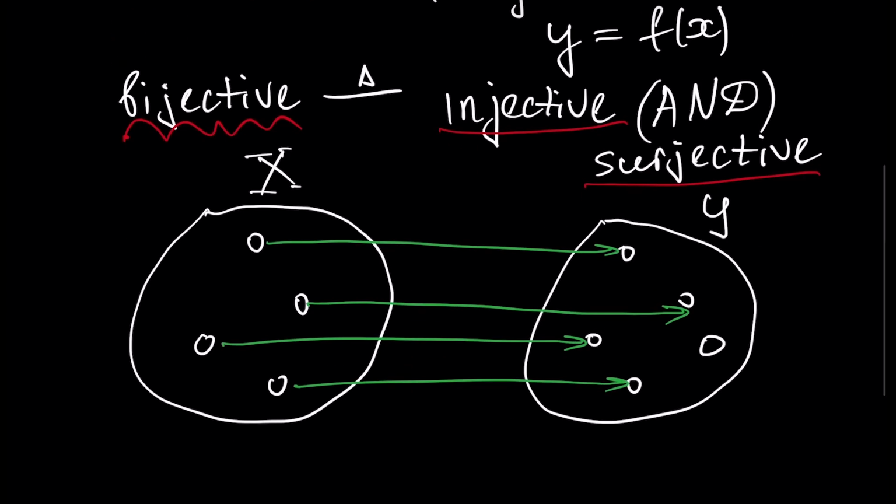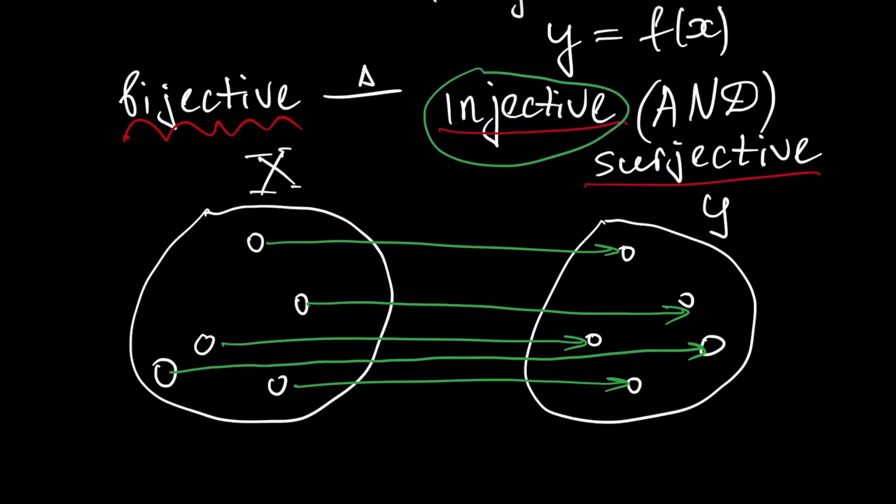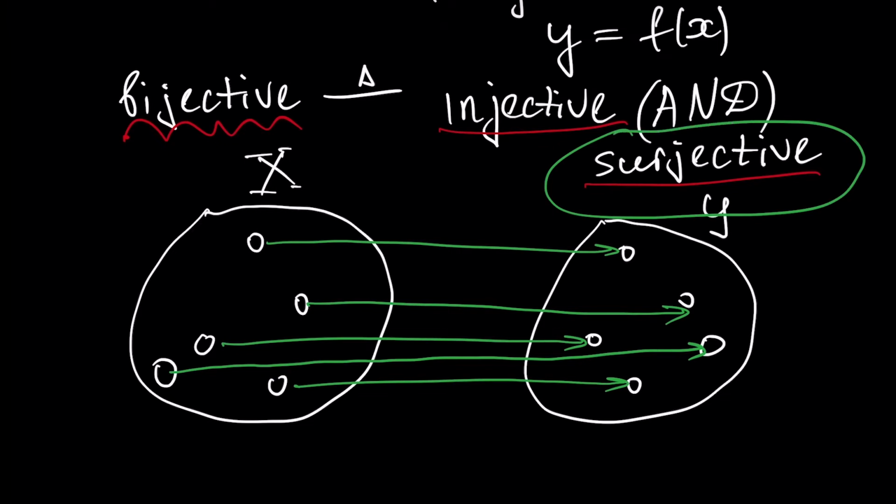That's why this situation is impossible, and we have to have some element here such that this element of X is mapped into this element of Y. And that's why when we want to check is our mapping bijective, is this one-to-one correspondence, first of all, we check is it injective, and then we check is it surjective.